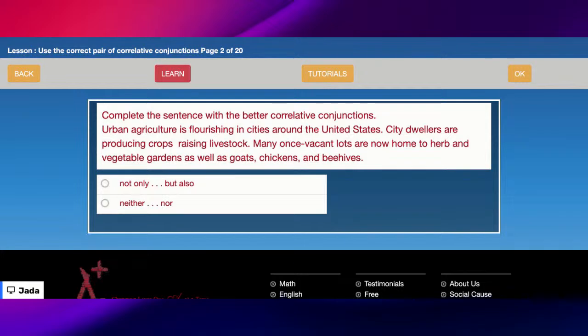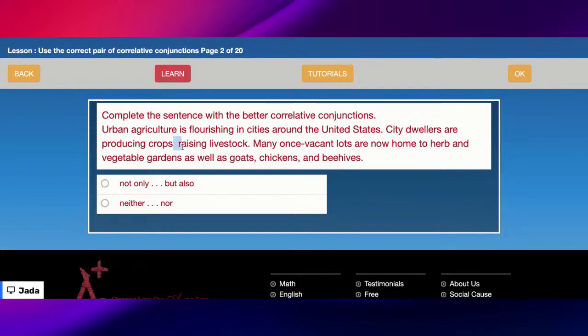Urban agriculture is flourishing in cities around the United States. City dwellers are producing crops, raising livestock. Many once vacant lots are now home to herb and vegetable gardens as well as goats, chickens, and beavers. So, what is the right answer? Is it not only but also? Where do we have the empty space?